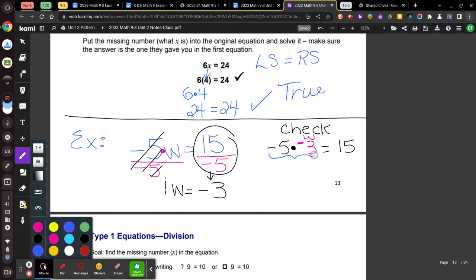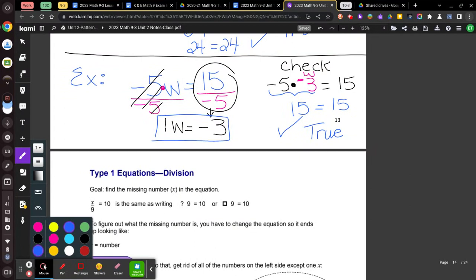I do the timesing. A negative times a negative is a positive. So I get 15 equals 15. It is a true statement. We did it right. Okay, so that means when I solved this question, I solved it correctly. That's what it means when my left side equals my right side. Okay, so it always means we did it right.